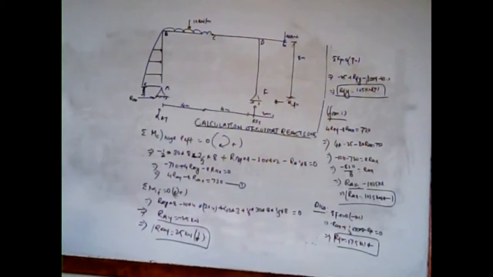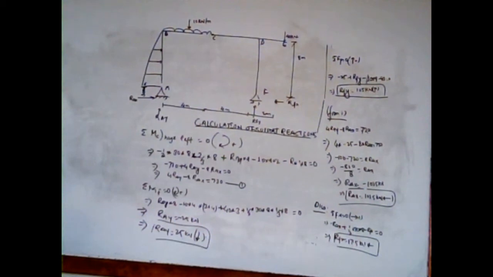This has an advantage, as at point F RAX will not give any moment, RFY will not give moment, and RFX will also not give any moment. So only the reaction force RAY will give moment at point F. From this we can determine the magnitude of RAY.